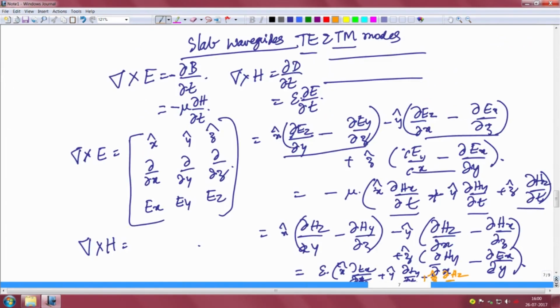For example, the x component, dz by dy is 0 because y variation we are not doing, and the z variation we can replace with minus I beta, since e power I omega t is the time variation and e power minus I beta z is the z variation. Similarly, Ex also can be replaced with e power minus I beta z.